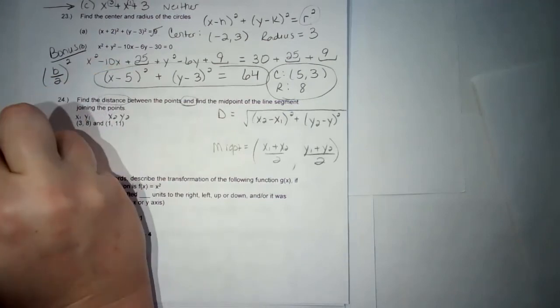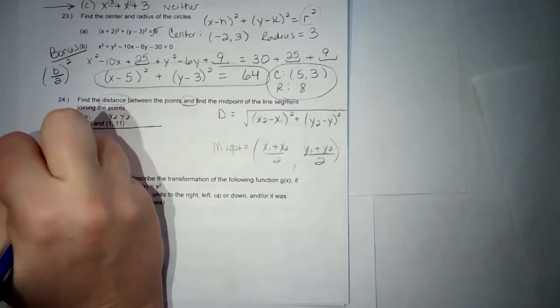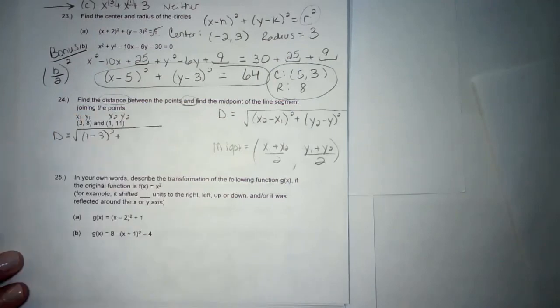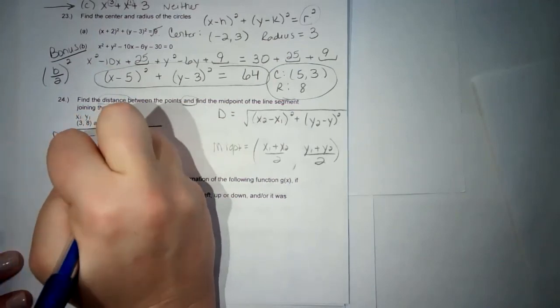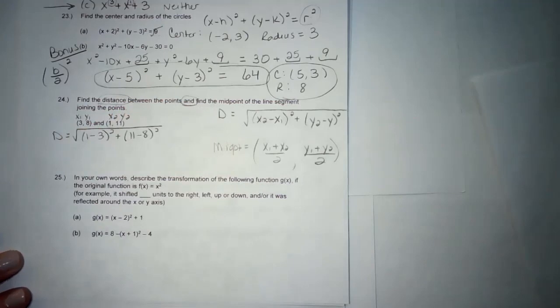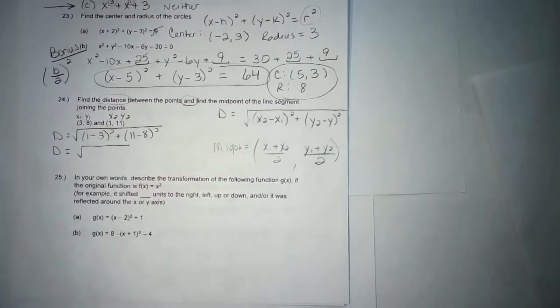Okay, let's find distance first. Square root. Okay, x2 minus x1, and then we're going to square that. y2 minus y1, we're going to square that. 1 minus 3 is negative 2.